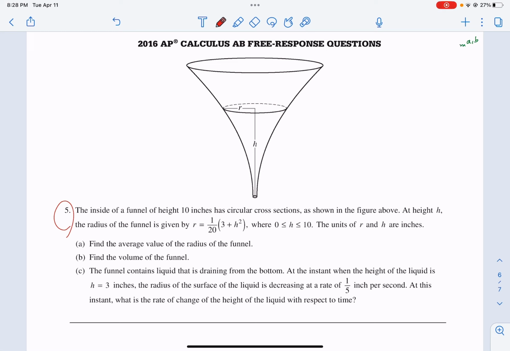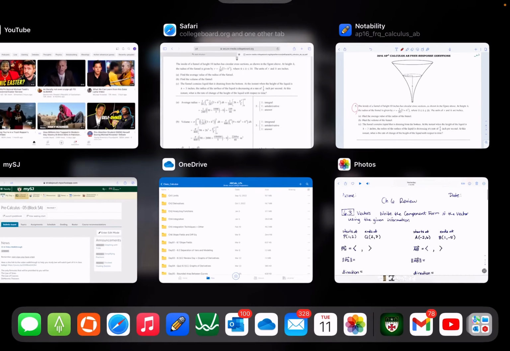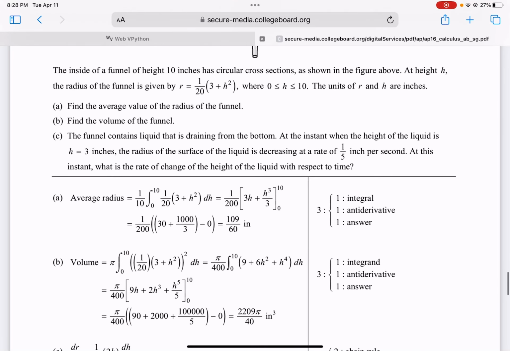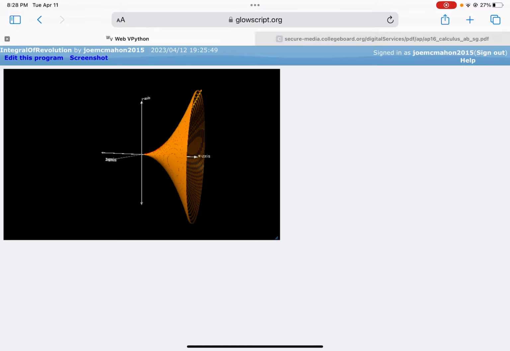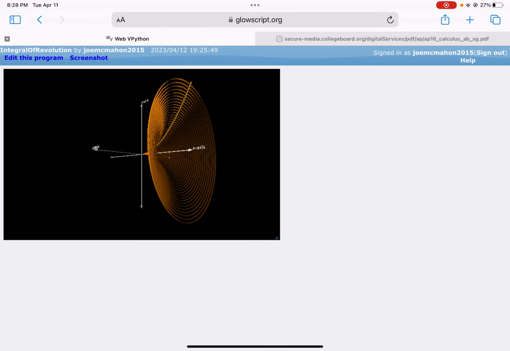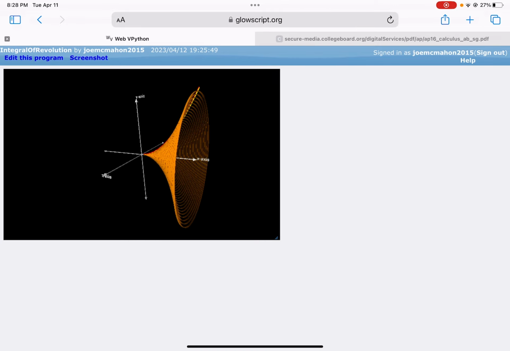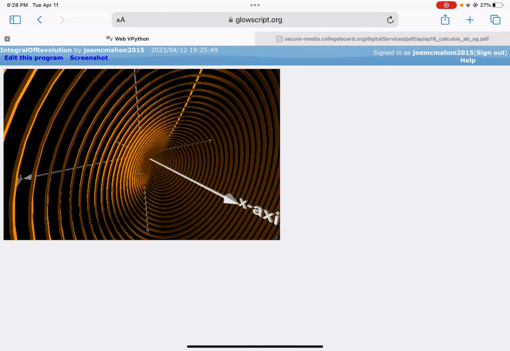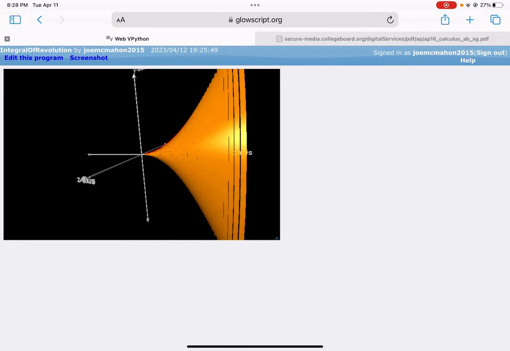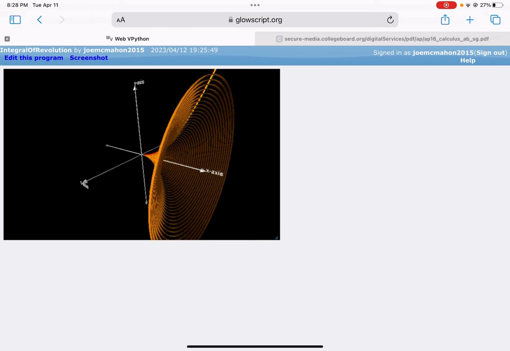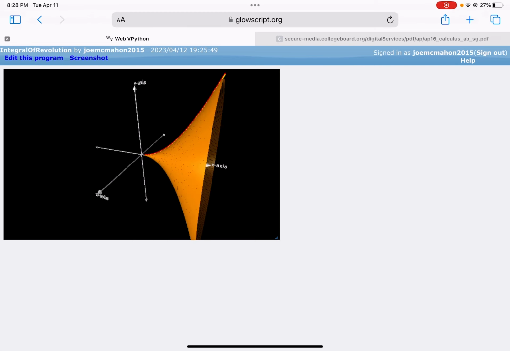And let's just kind of get a nice little visual, in case that visual on paper doesn't quite do it for you. Uh-oh, my program froze a little bit, but this is essentially what we're looking at. So what I did was I graphed the equation of that little radius function.